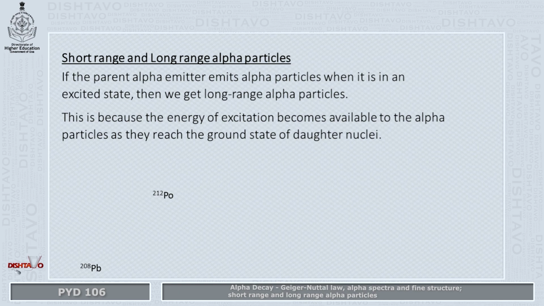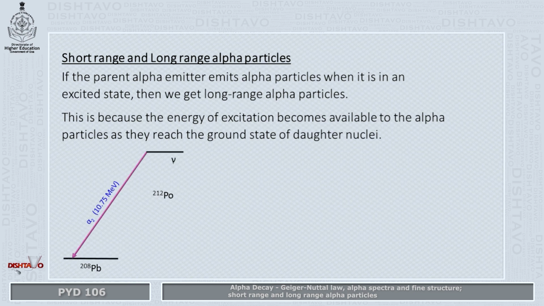A long range alpha particle utilizes the energy from the excited state as it goes to the ground state, and the addition of these two energies gives a very long range of alpha particles. This is because the energy of excitation becomes available to the alpha particle as it reaches the ground state of the daughter nucleus.